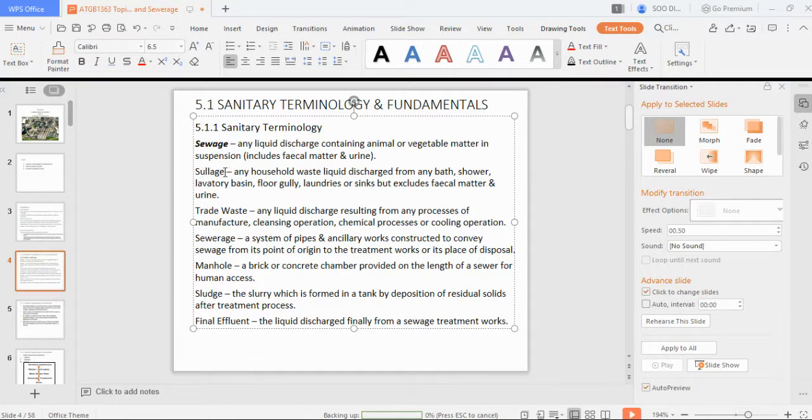And sewage. Besides sewerage, we are actually producing a lot of wastewater. Wastewater is divided into 2 types. One is sewerage, which needs to be treated before you discharge. Another one is sewage.